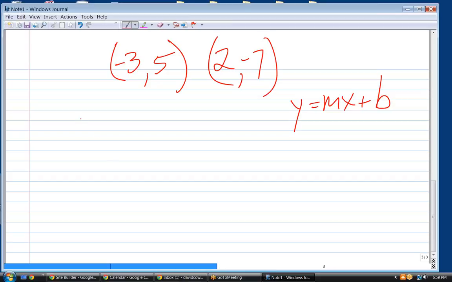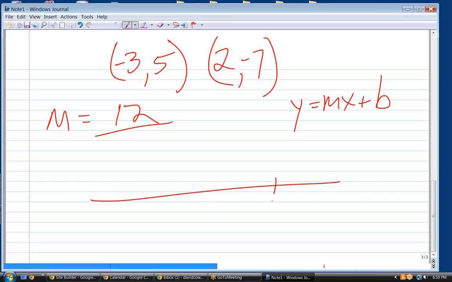Okay. So to find the slope, the difference between 5 and negative 7 is 12. And then it would be 12 over... no, because it's negative. The only thing you've got to make sure is you go the same way. It's a little dangerous saying what the difference between them is, because on a number line, 5 is there, negative 7 is over there, there's 12 between them.